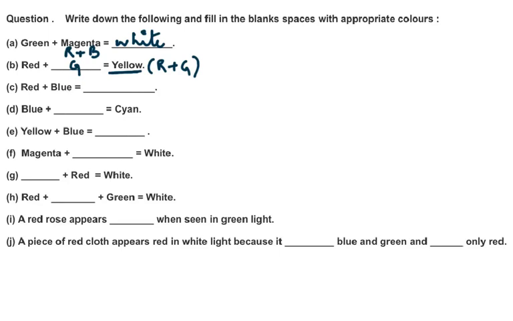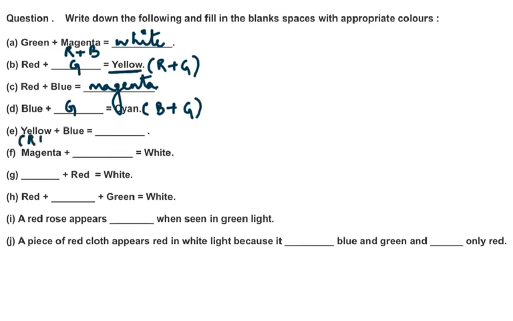Then red plus blue. Red and blue are primary colors. What color are we getting? Magenta. Okay. Cyan. Cyan is a combination of blue and green. So the answer is green. Yellow plus blue. Yellow already is a combination of red and green, and we are adding blue, so we get white.